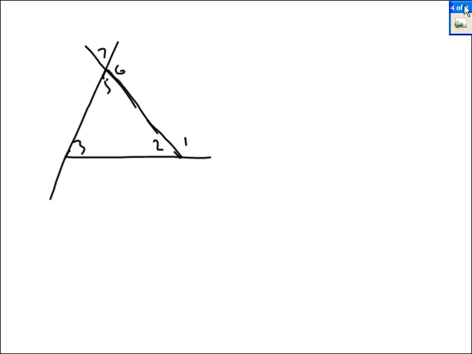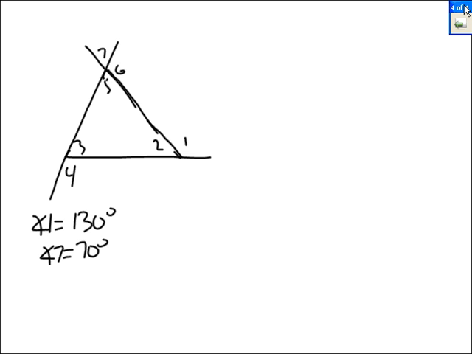Write the 4 a little bigger. And we are given that angle 1 is 130 degrees and angle 7 is 70 degrees. The instruction is to figure out everything else.